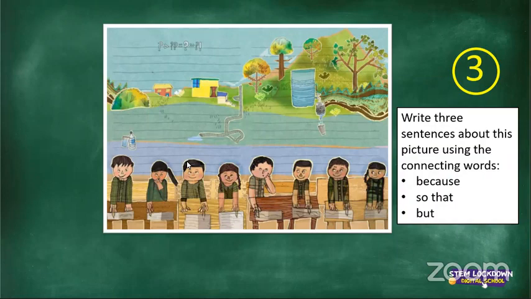So what have you written? My first sentence says, the children are writing, but they are laughing at the same time. And the second one says, the pipe is leaking because there are a lot of children in the school.